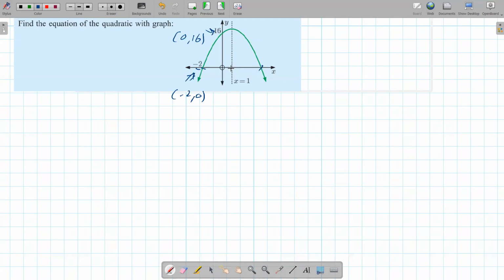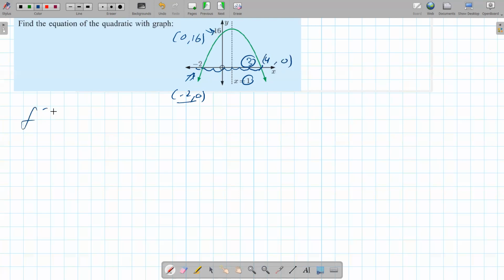The distance from x equals -2 to x equals 1 is 1, 2, 3, or 3 steps, right? Then we count 3 more steps: 1, 2, 3. Then 1 plus 3 gives 4, right? Then now we know the 2 x-intercepts are represented by (-2, 0) and (4, 0).